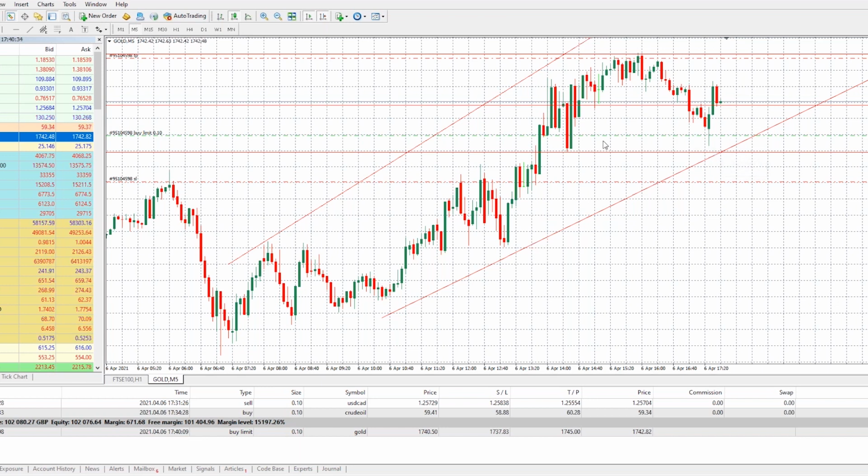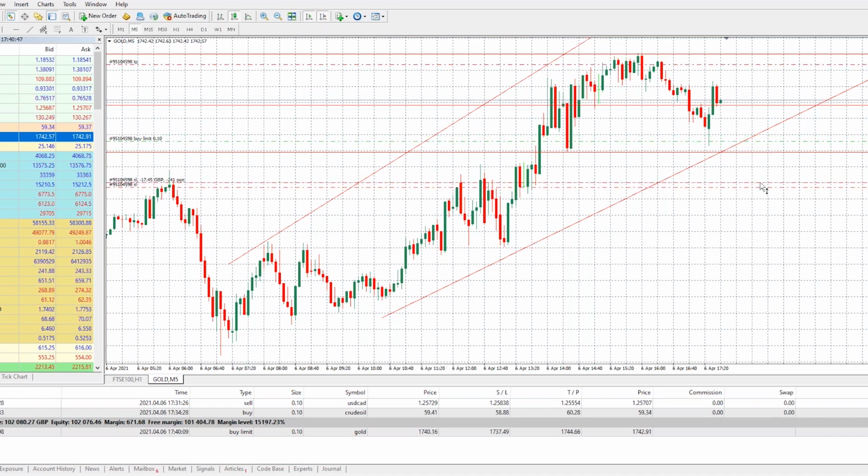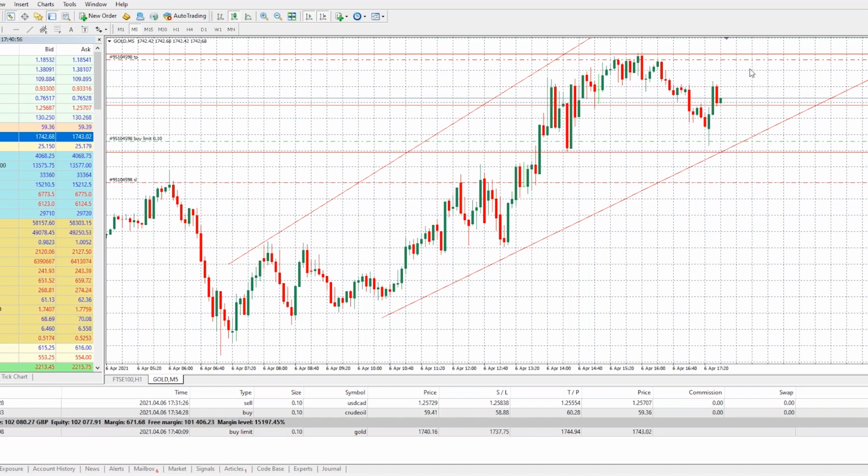It didn't quite touch the support yet. You see it got close, it didn't touch it. So maybe we're patient on this, see if it comes back down near the support level, and then at that point, I'm just cheating it down a little closer to the support level. That gives us a little less risk, a little more potential profit back up.